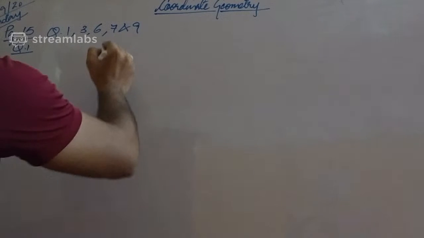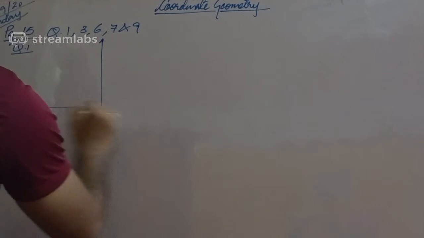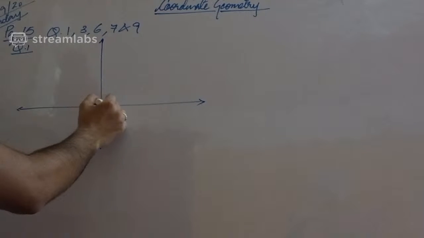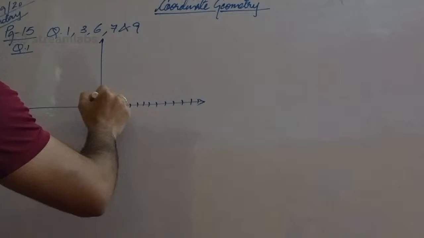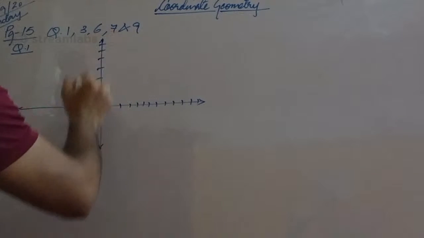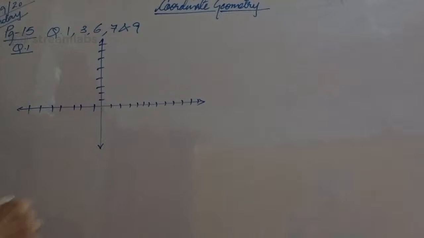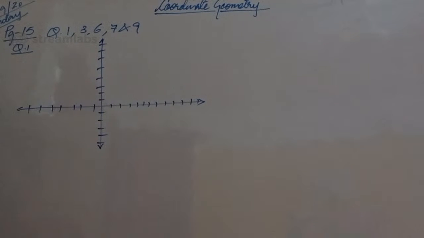Okay. So let's do it. A is (0, 0), we just mark the points. The first point is (0, 0).